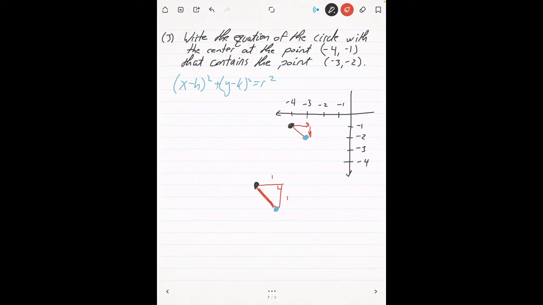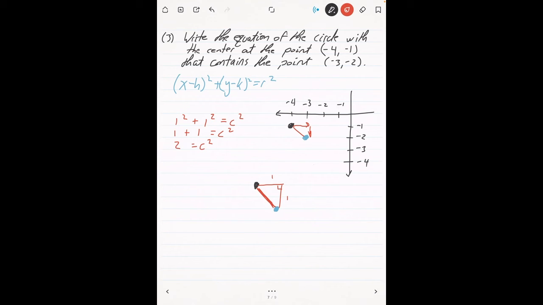So to find this distance right here, we can say, well, the one side squared plus the other side squared is equal to the hypotenuse side squared. I don't know what the hypotenuse is, so I'm labeling it C. That's what I'm trying to find right here, is that length. So 1 squared is 1, 1 squared is 1, and that's equal to C squared. 1 plus 1 is 2, and that's equal to C squared.